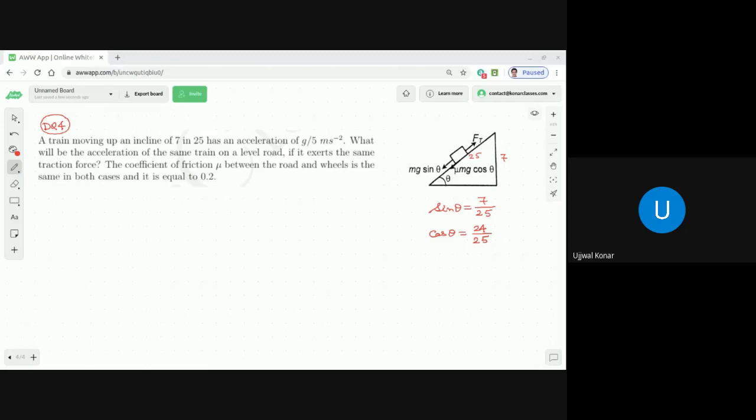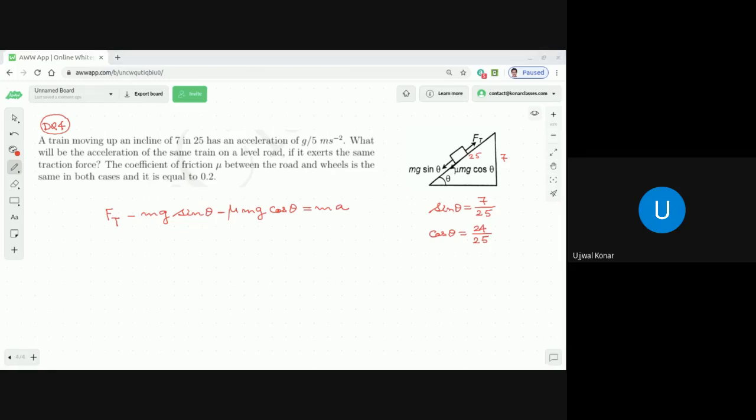So the equation we can form from this inclined plane is that the traction force Ft minus m g sine theta, and minus mu m g cos theta, is the resultant force acting on the train, which gives an acceleration a. So it should be m into a. Correct or not?